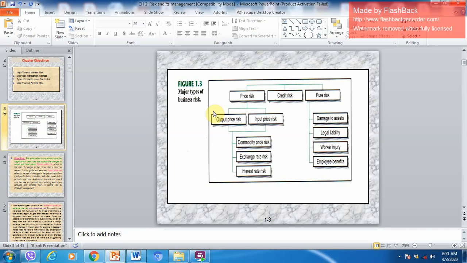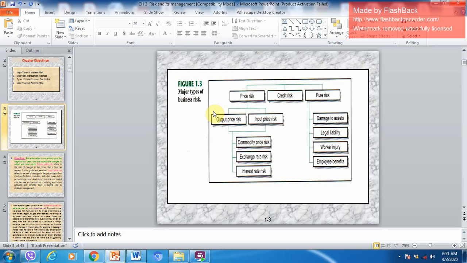And the output price risk is the target price that you set for the customer, the consumer, and due to some reason you are unable to get that price. That comes under output price risk.